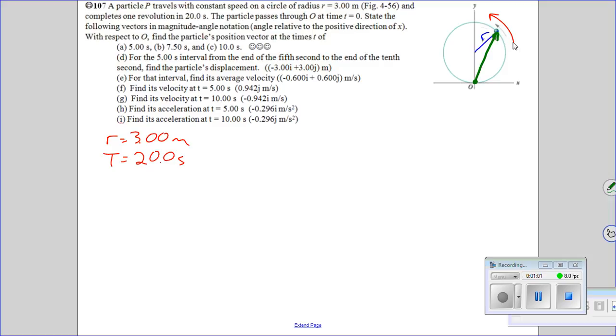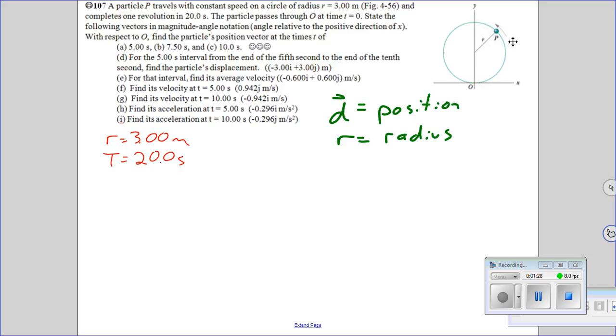So for this problem and this problem only, I'm going to use d to represent our position, our distance from the origin, and we'll use r to represent radius so that there's no confusion between the two. So that's the deal.